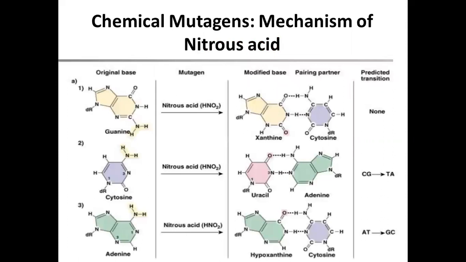So these are some of the actions of the mechanism of nitrous acid.